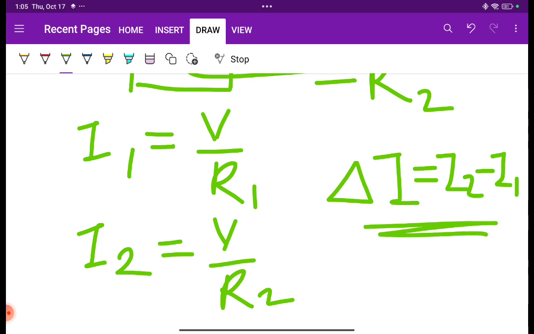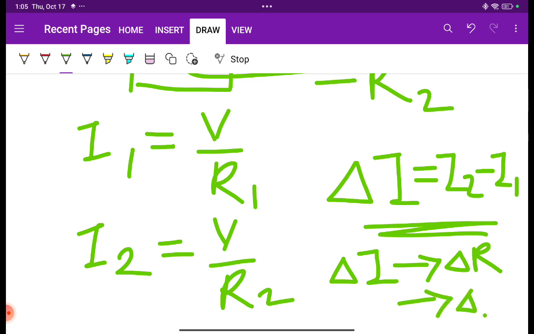So by finding delta I, we are able to determine delta R as well, and then delta L, which is the longitudinal deformation or longitudinal strain.